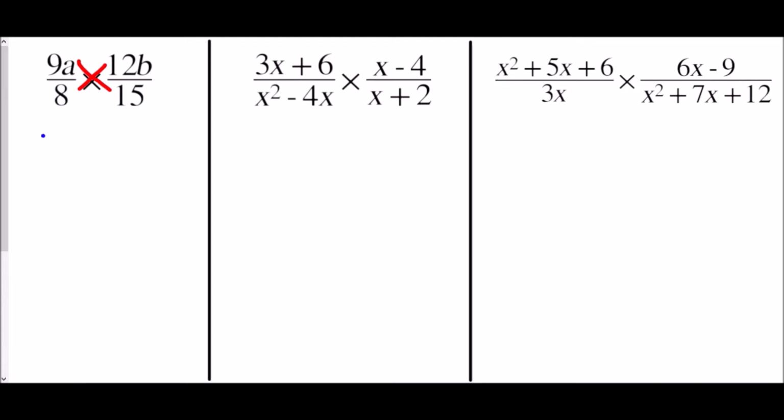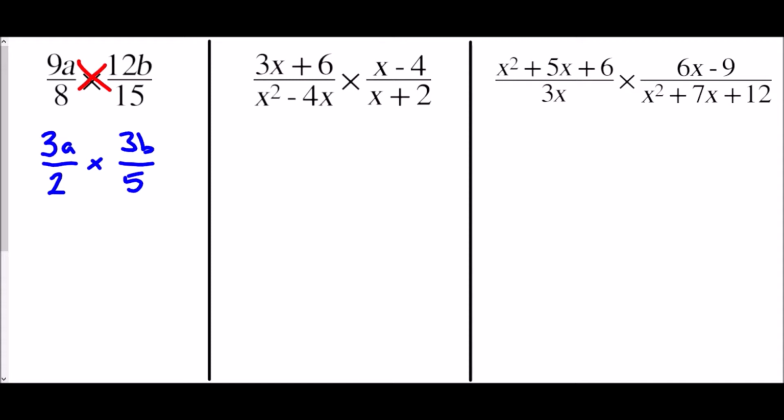This gives me 3a on the top and 5 on the bottom. I've cancelled out a factor of 3. And the common factor between 8 and 12b would be 4. So I'll divide 8 by 4 to get 2, and 12b by 4 to get 3b. And then I will multiply together. So we've cancelled out the common factors.